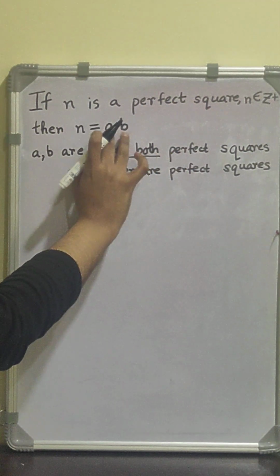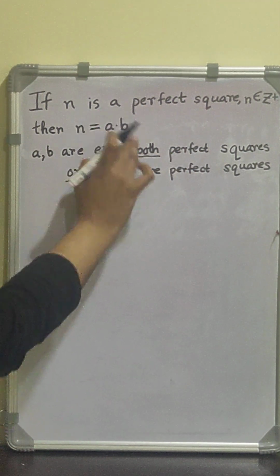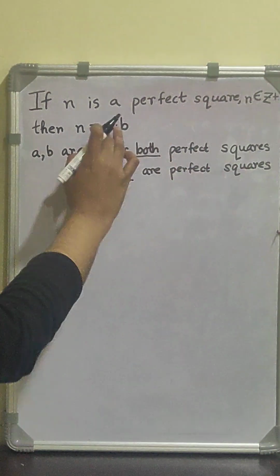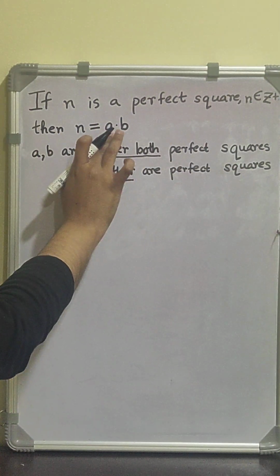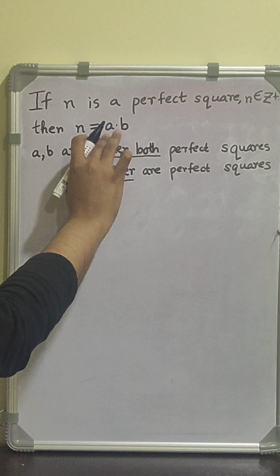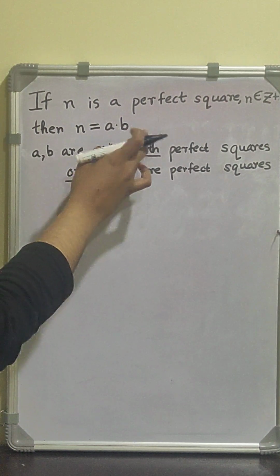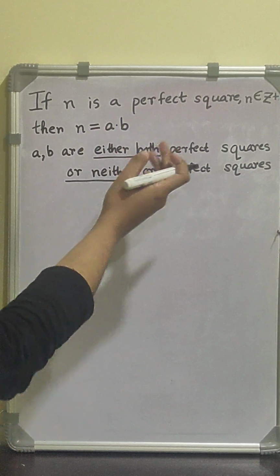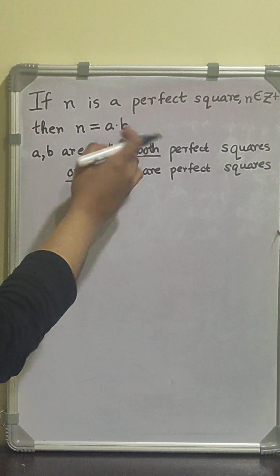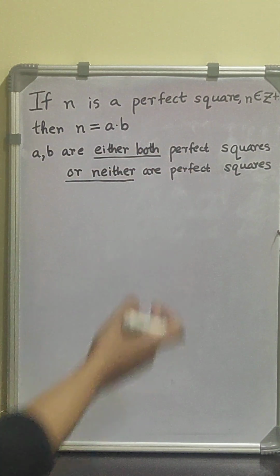So if a is a perfect square, then b has to be a perfect square, and the other way around. But if a is not a perfect square, then b cannot be a perfect square.